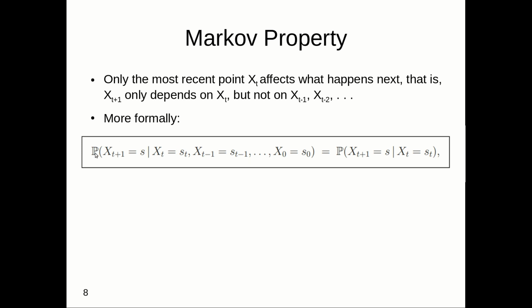The probability of being in state S at time t plus 1, conditioned on being in state st at time t, state st minus 1 at time t minus 1, etc., is a conditional probability.